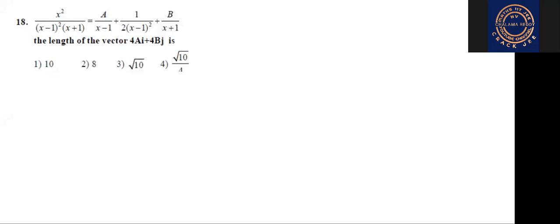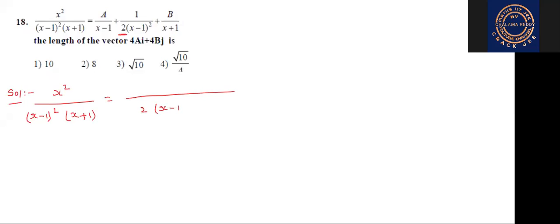18th question. First, take the LCM and observe here, 2 extra is there. X square divided by (x minus 1) whole square (x plus 1), that is equal to, in right hand side LCM is 2 into (x minus 1) whole square into (x plus 1).